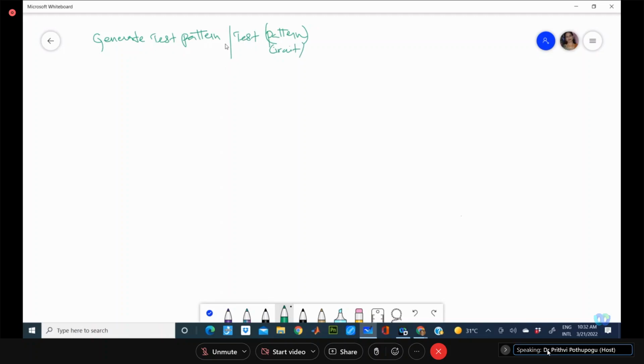This facility, if it is there, normally the element of this BIST is that it should have some self-test which is built on the IC itself, built on the circuit itself. That is the main focus of these BIST architectures.